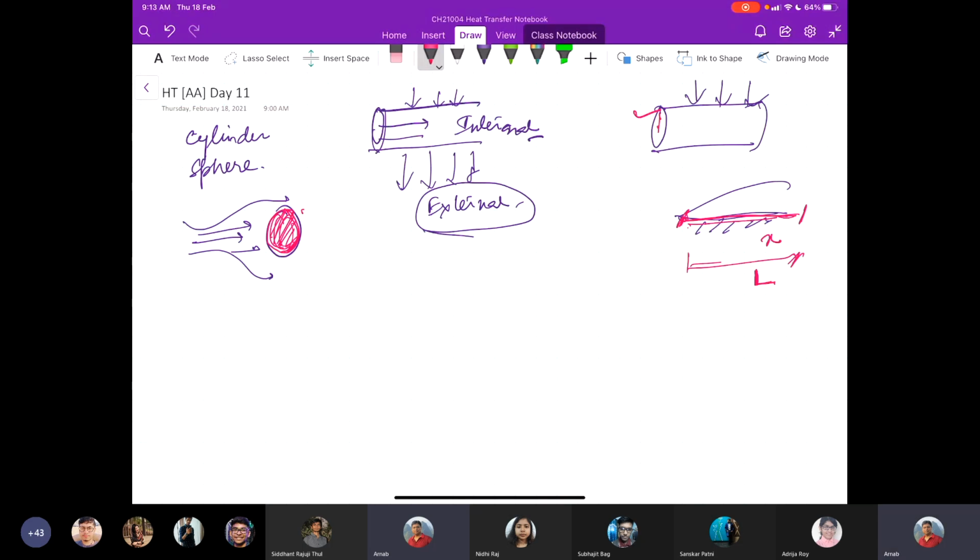Okay, so if this is the diameter D, our calculation would be based on Reynolds number, V, the uniform velocity of the fluid approaching the object, D by nu.